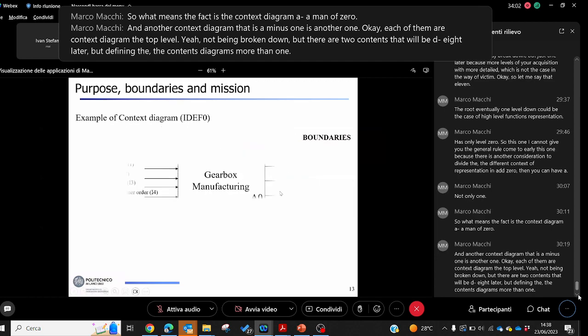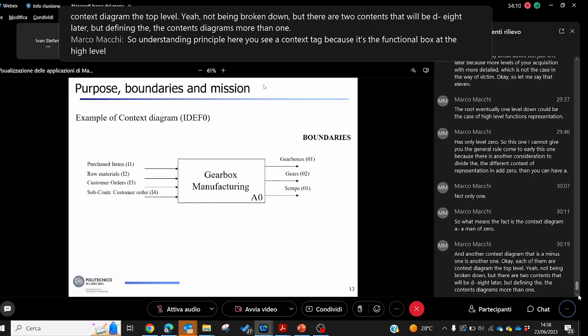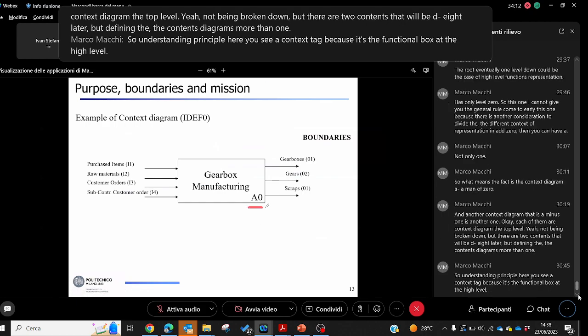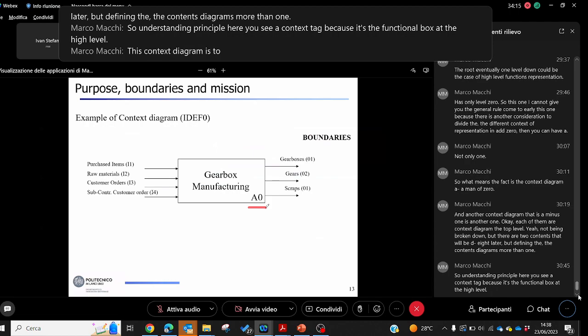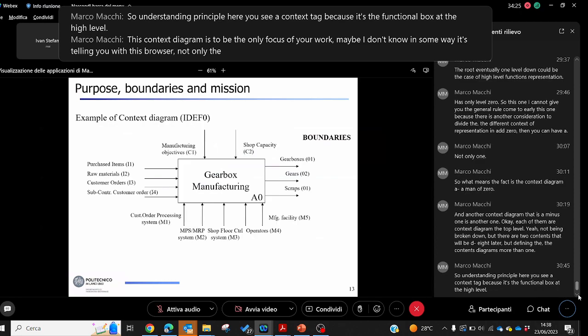To understand this in principle, here you see a context diagram, because it's the functional box at a high level. This context diagram could be the only focus of your work, maybe. It is telling you not only the functional box but also the boundaries.